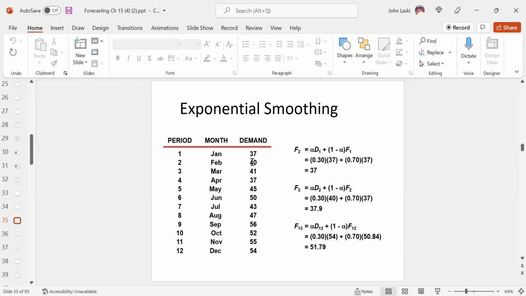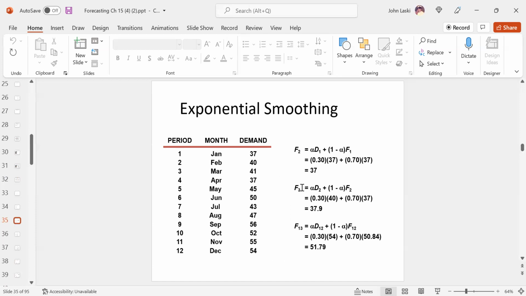Now, since we already have the demand data, we already know what the outcome is, but we didn't know that until the end of February. All right, so let's continue down and let's create this column of forecasts. I'm going to help you with the first two, and your tasking is to do the rest of them to enable us, because if you see, it's kind of a build as we go forward, to generate this 13th period forecast, which would go somewhere here.